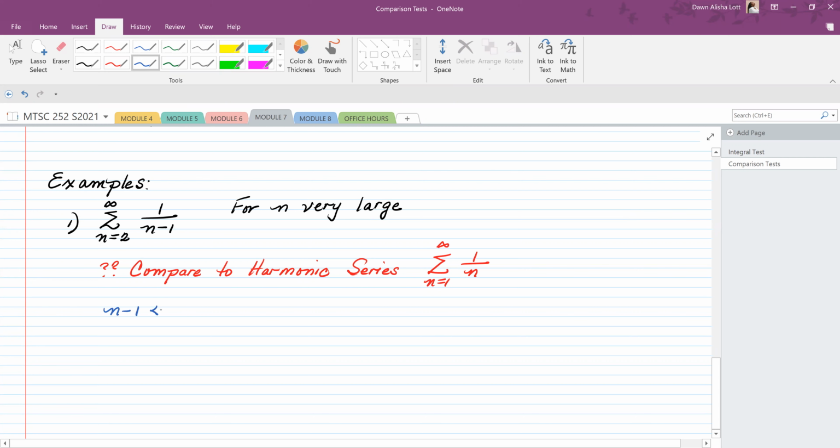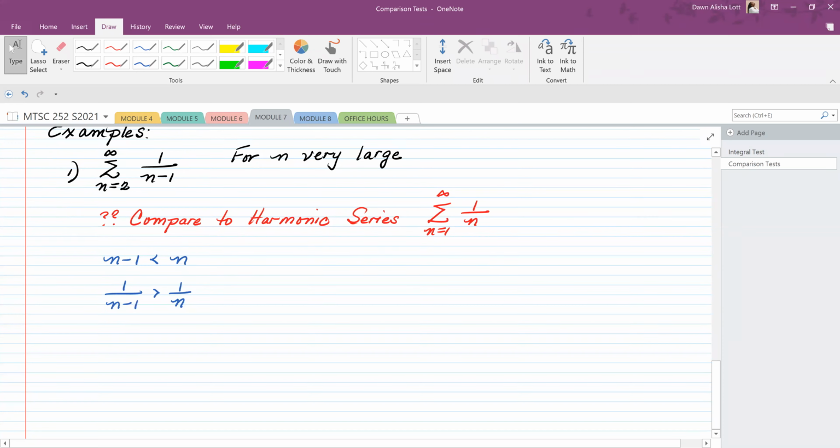Well, that is less than n. Therefore, 1 over n minus 1 is bigger than 1 over n. So now I have that 1 over n is less than 1 over n minus 1.